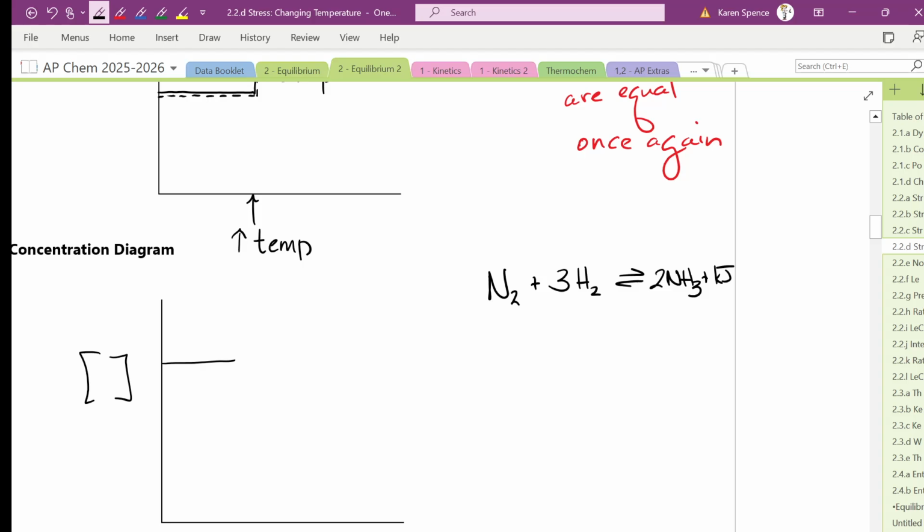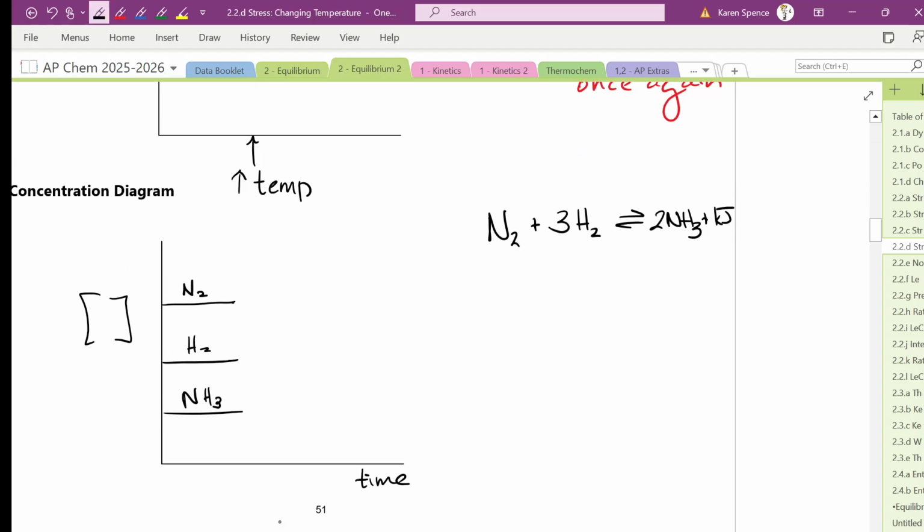Here's our concentration, here's our time. N2, H2, NH3. And at that time, we increase the temperature.